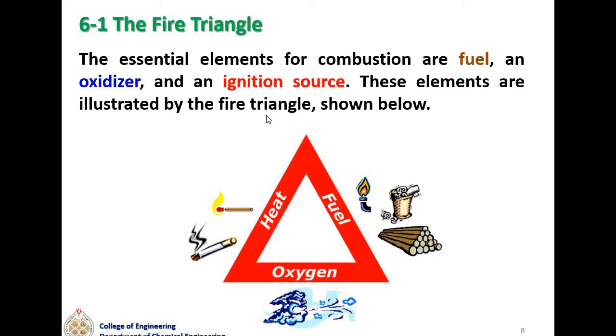So the first thing that we need to talk about is the fire triangle. The fire triangle has 3 essential elements for combustion: fuel, oxidizer, and the ignition source. The fuel could be CH4, methane, propane, butane, benzene.